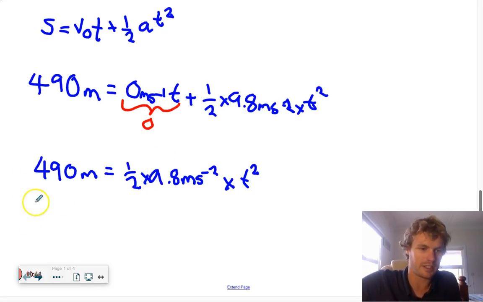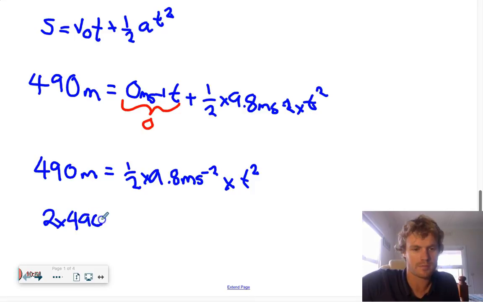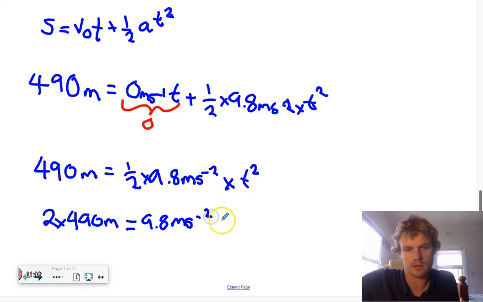So if I move from here to here, I get 2 times by 490 meters is equal to 9.8 times by t squared.